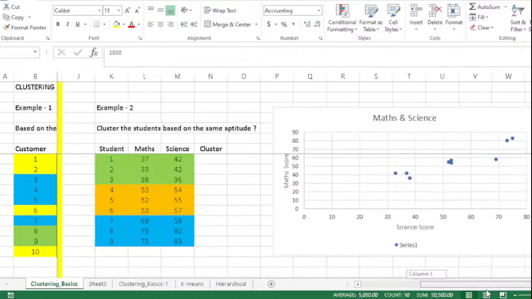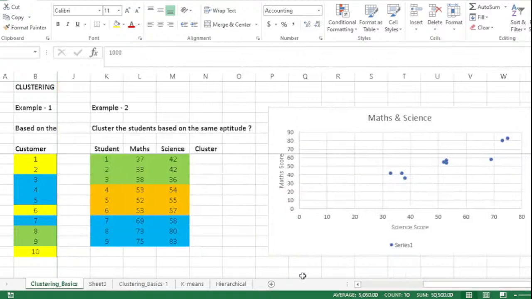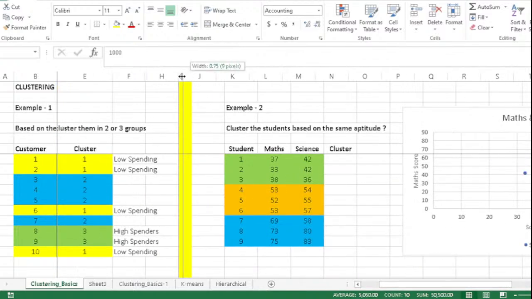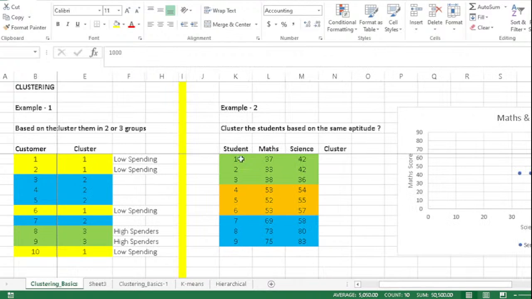Okay, before I proceed to that, let's take a look at one more interesting example. Marks of students. So these are the marks of 9 students, mathematics and science, right? So based on the marks, you have to cluster them.